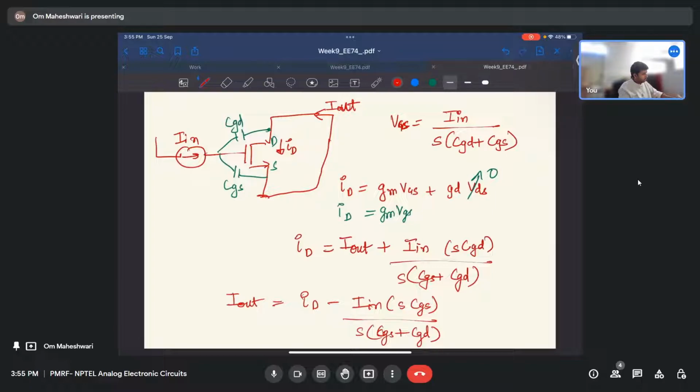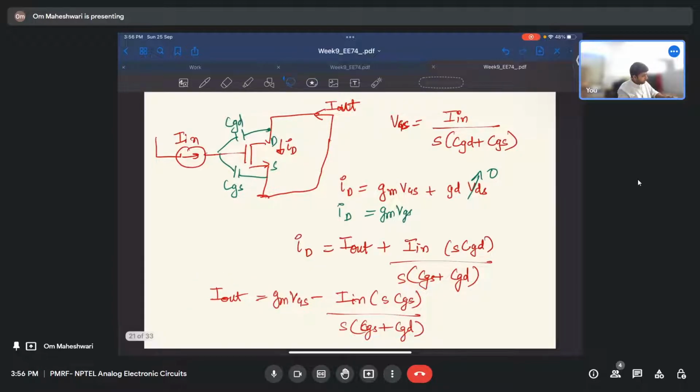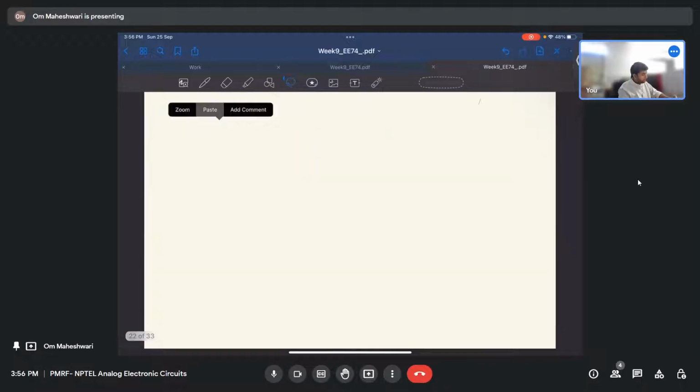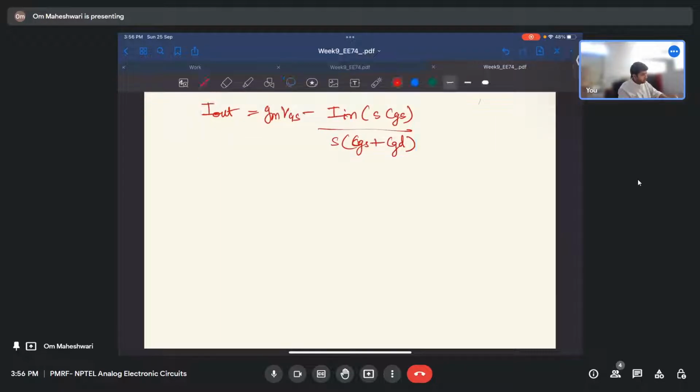and we know this ID is GM VGS. So let me copy it. And we know we calculated VGS already, it was I_in by (SCGS plus CGD).